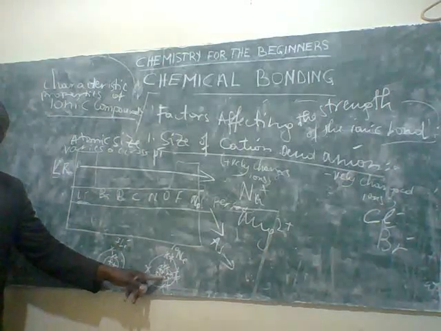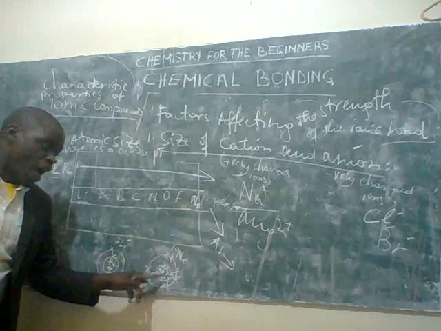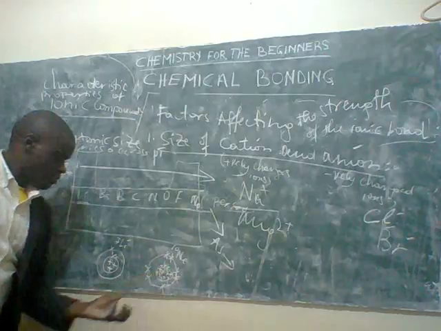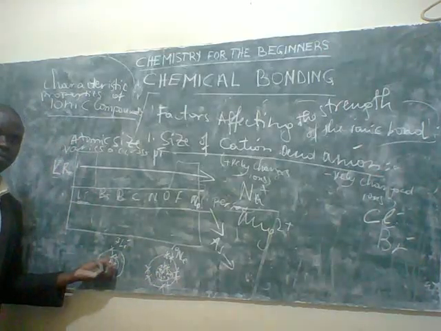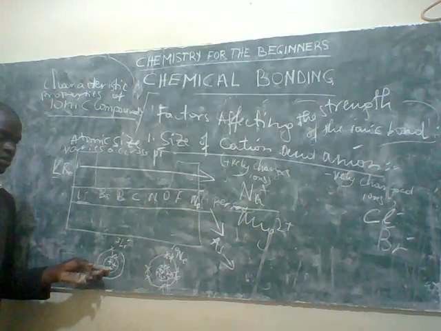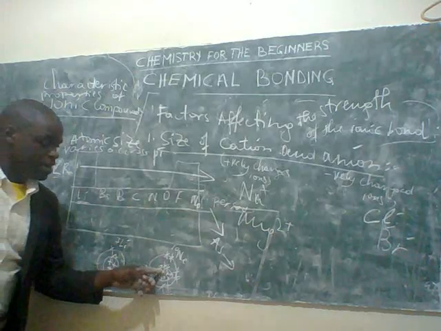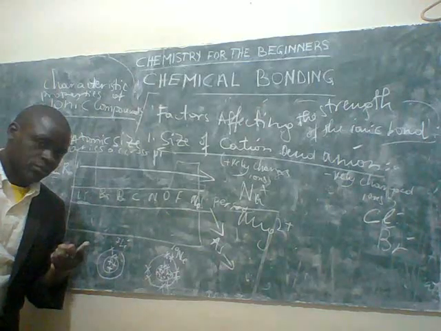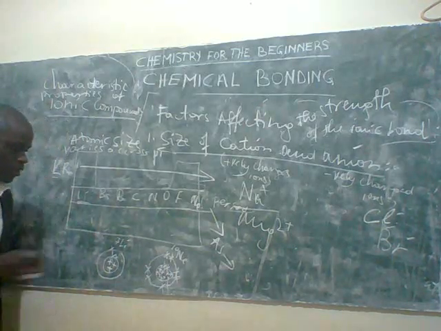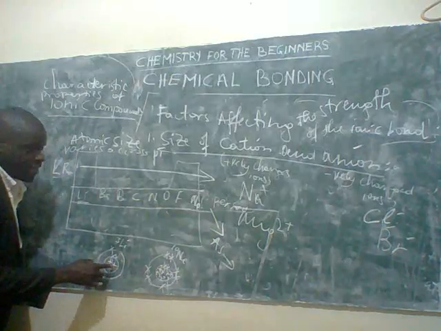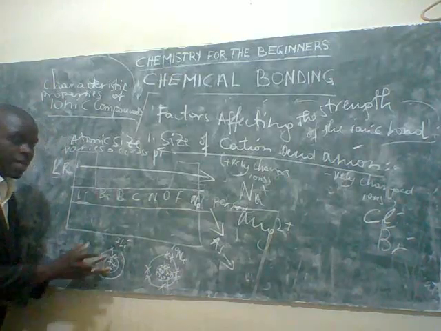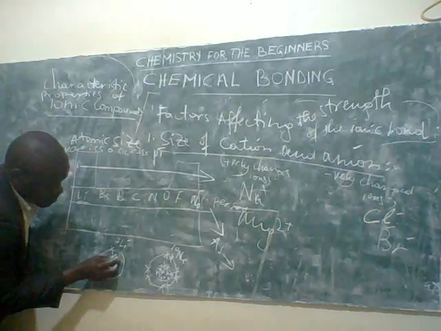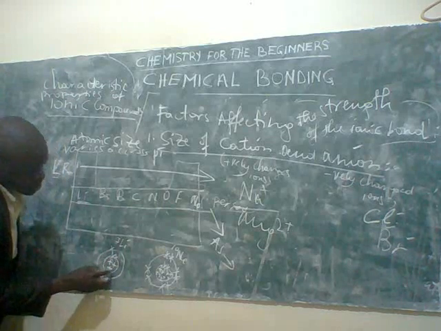You see how the positivity of neon is very much greater in its nucleus than lithium. In lithium, there are 3, and in neon, there are 10. And the positive charges attract electrons.